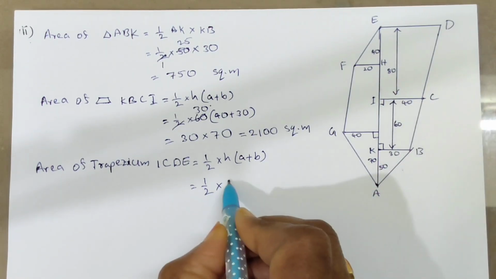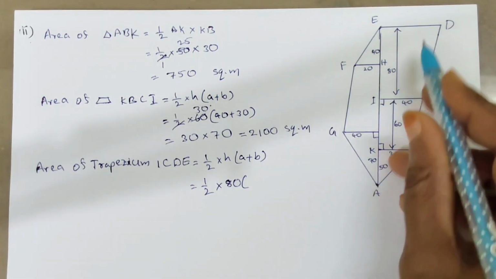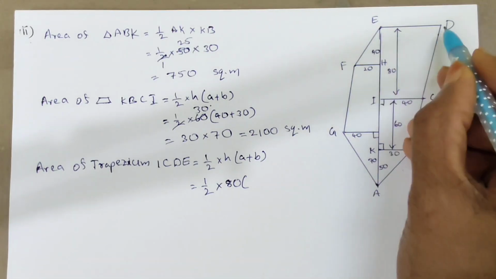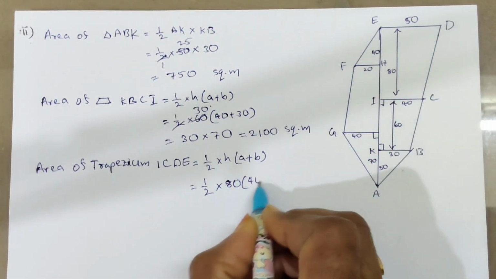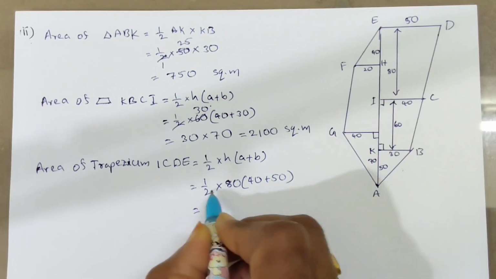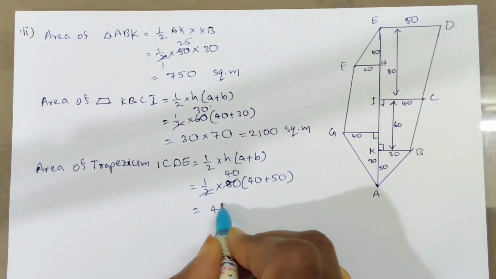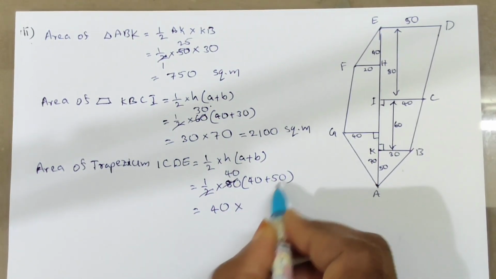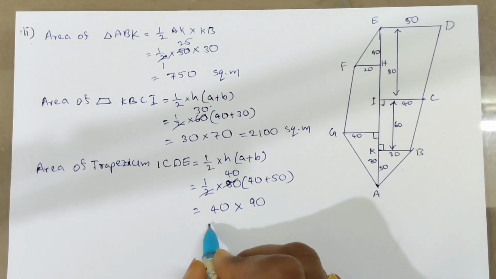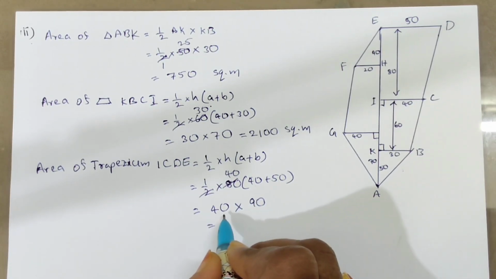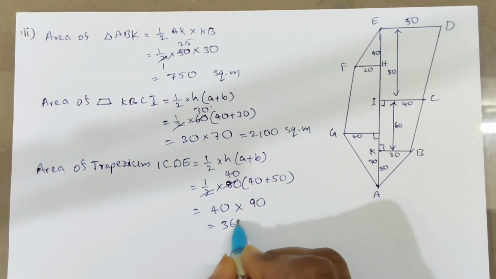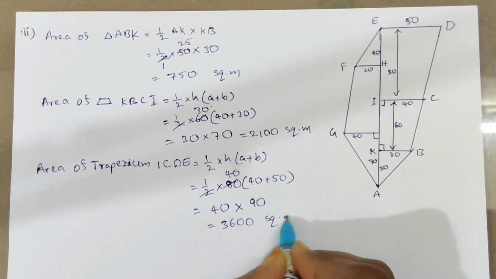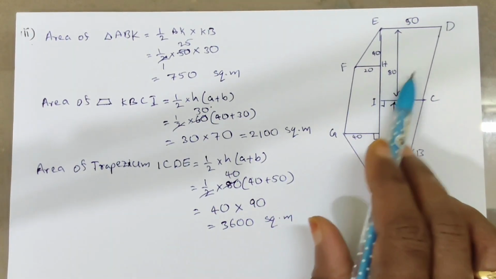The parallel sides are 40 and 50. 40 plus 50 is 90. Half of 80 is 40, and 40 into 90 is 3600 square meters, the area of this trapezium.